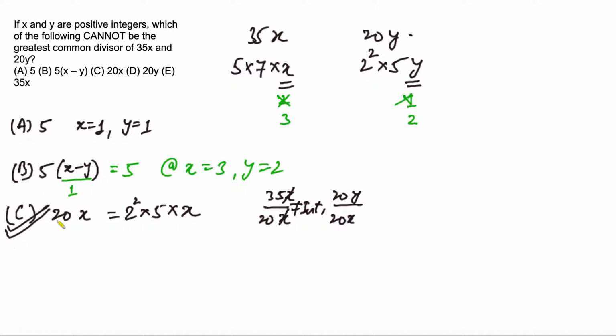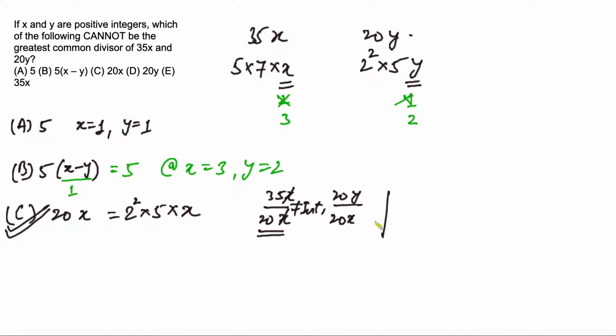Therefore it becomes the answer. I repeat once again, the highest common factor is a number which can divide the given numbers completely, and 20x cannot completely divide 35x without leaving any remainder because 35 is not divisible by 20, and therefore 20x cannot be a factor of 35x, hence becomes the answer. That's one way to look at it.